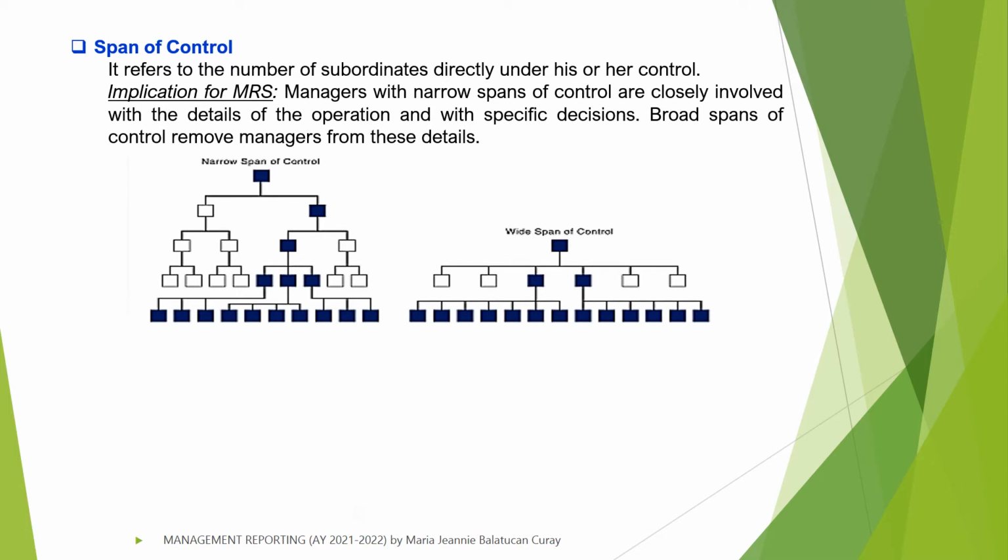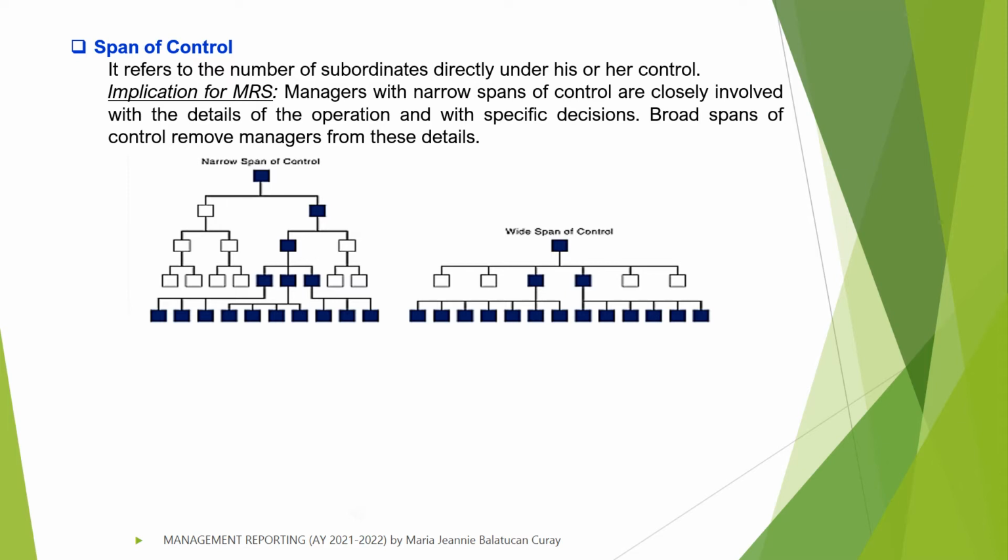So, implication for MRS. Managers with narrow spans of control are closely involved with the details of the operation and with specific decisions, while broad spans of control remove managers from these details. So, organizational behavior research suggests that wider span of control is preferable because it allows more employee autonomy in decision making.